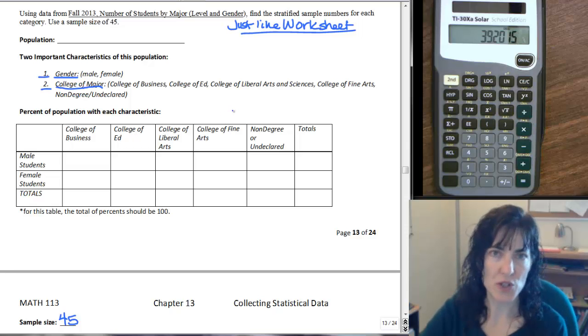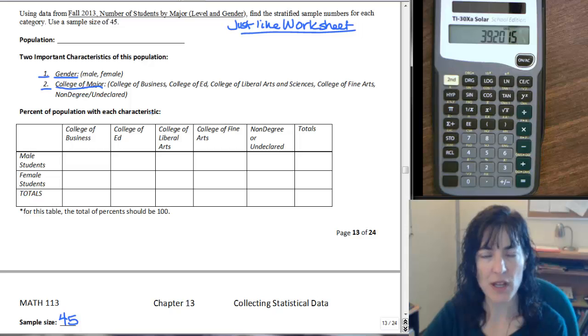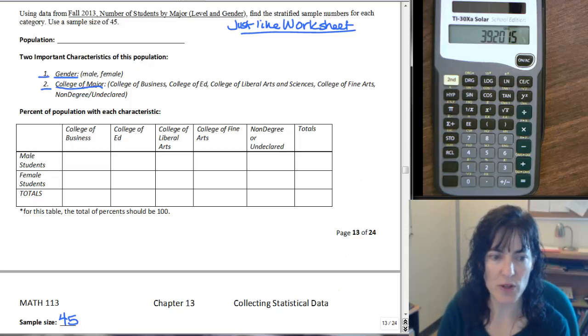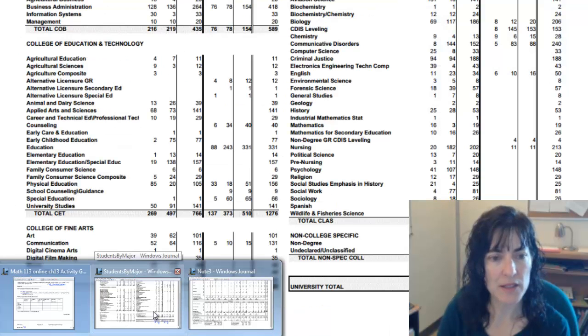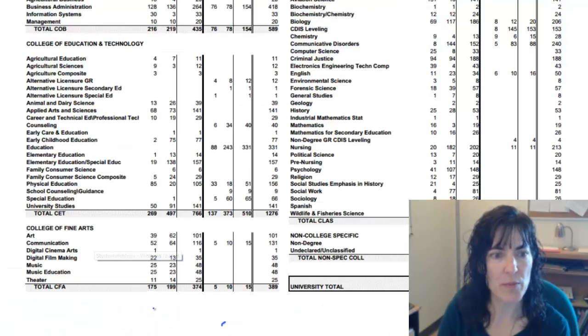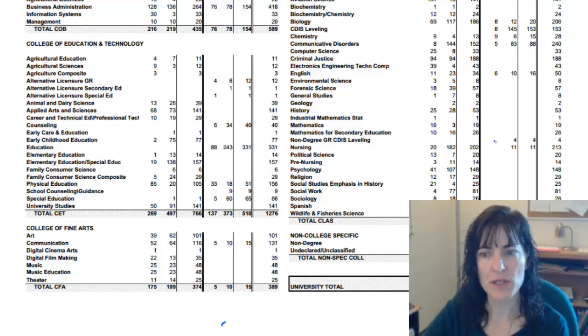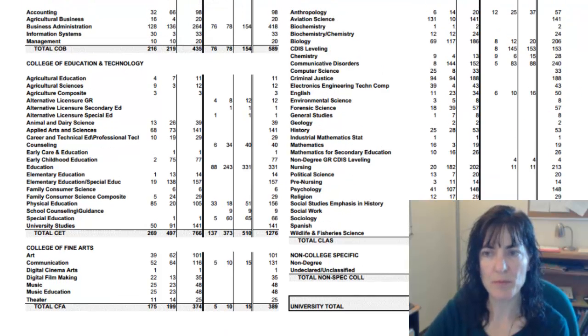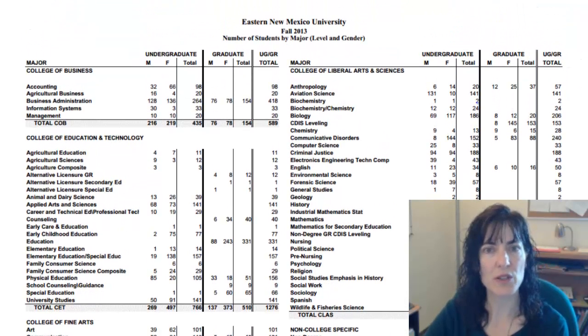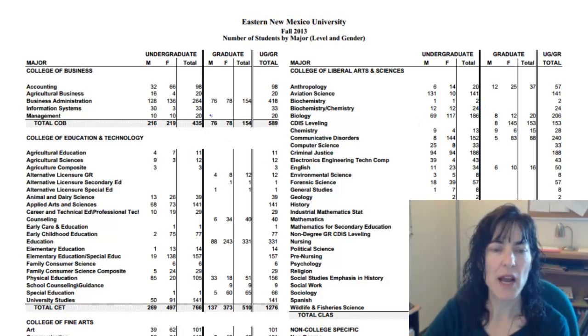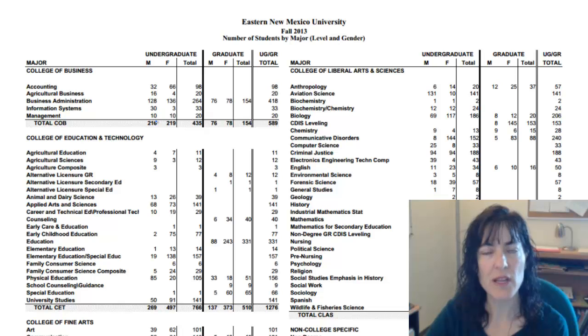What we want to do to start with is write down the percent of the population that has each of these characteristics. And so we're going to need to go back to our data sheet, and this one we want to do students by major. So you're going to look at this sheet again, and we're looking at first the College of Business, how many males, how many females.